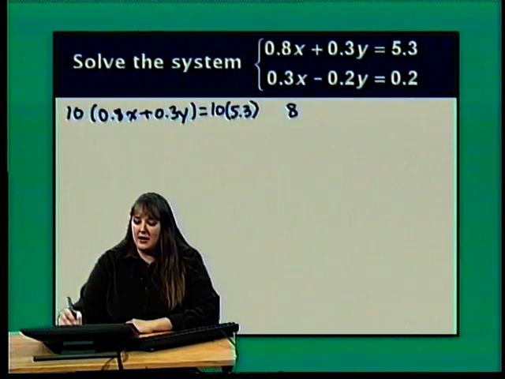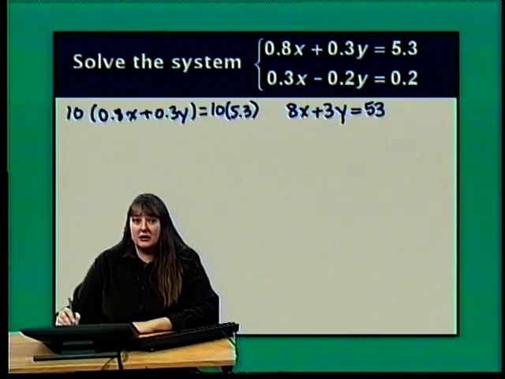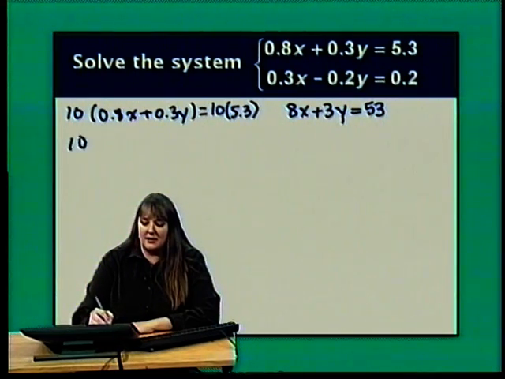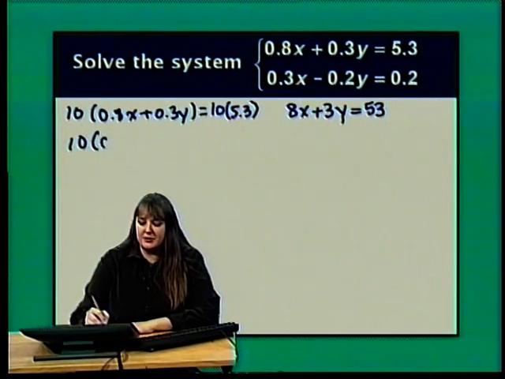Doing that gives me 8x plus 3y equals 53. Now looking at the second equation, I could also multiply both sides of the second equation by 10 and eliminate the decimals.